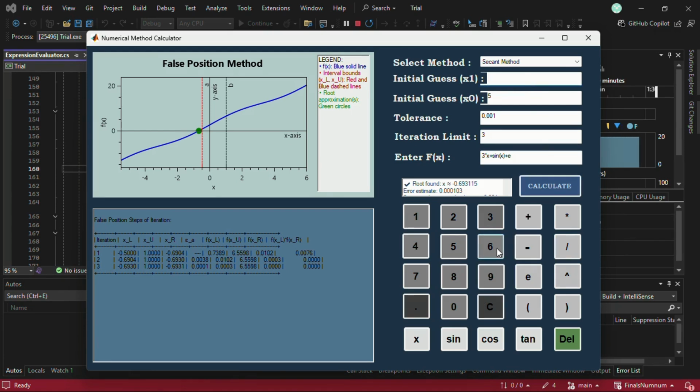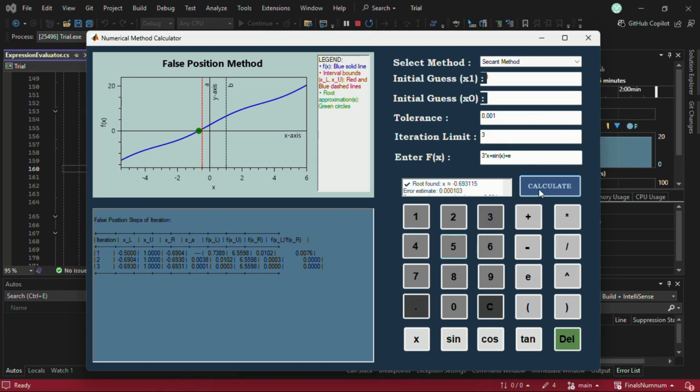So let's say the initial guess right here is, let's say 20, and x0 is, let's say, 5.